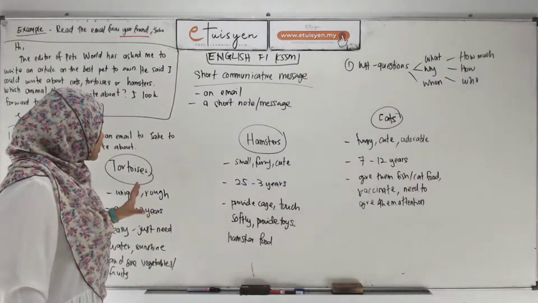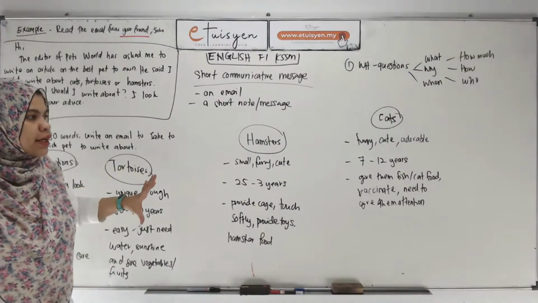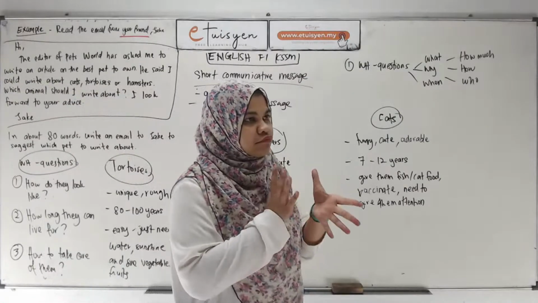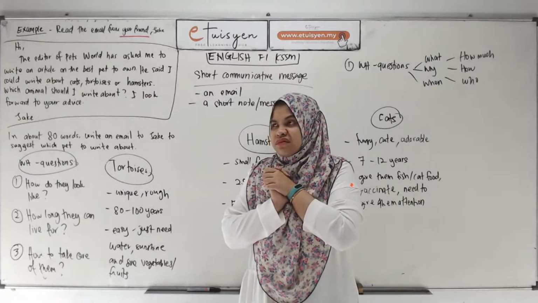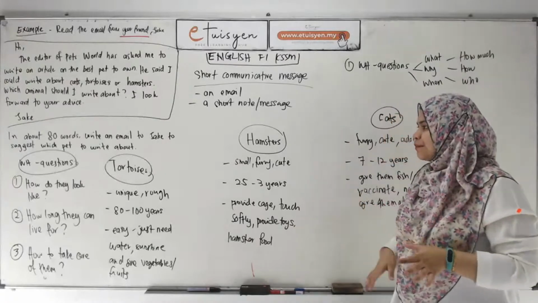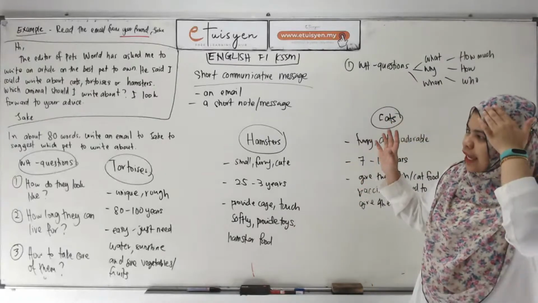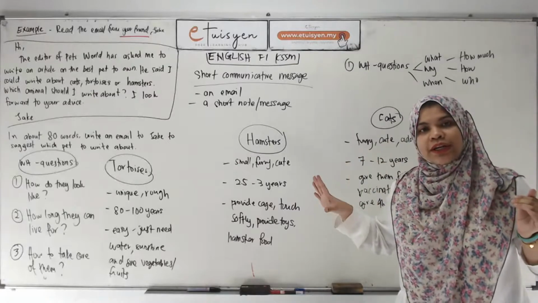Probably you can say tortoise, I don't know if you can play with them. I don't know. I've never had a tortoise as a pet. But if I'm not mistaken, they do allow their owner to pet them.